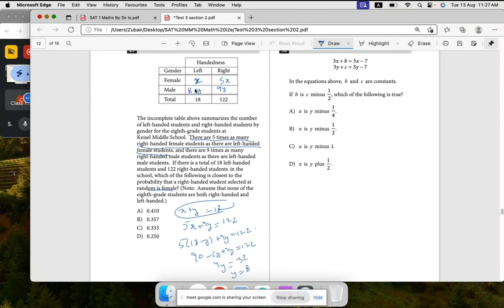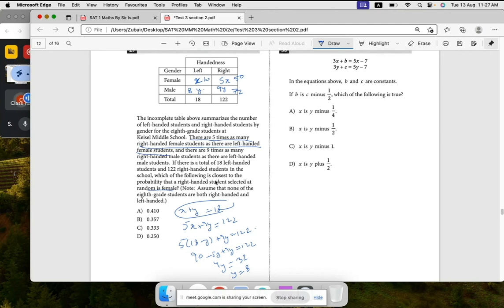So this is 8 and 9, 8 times 9 is 72. And this is 10 and these are 50. So what were we selecting?